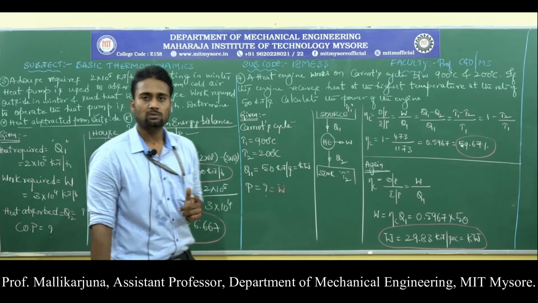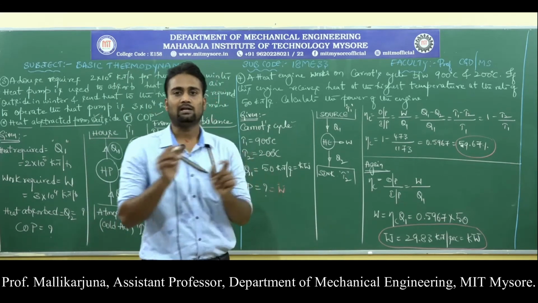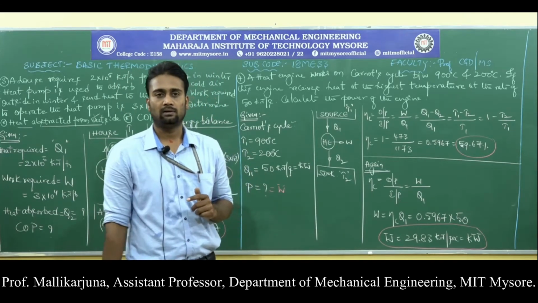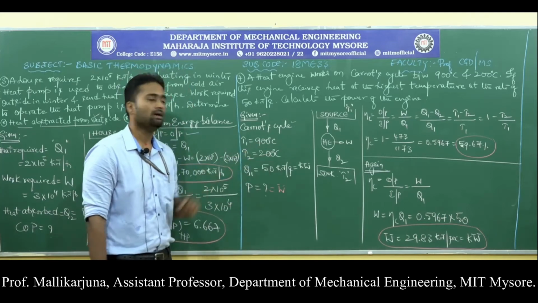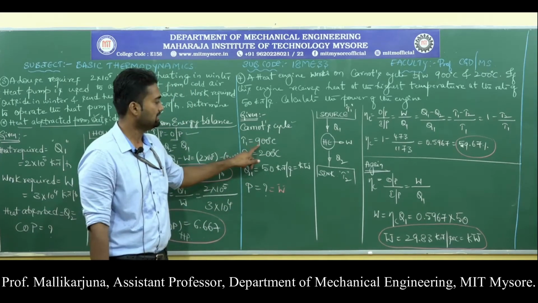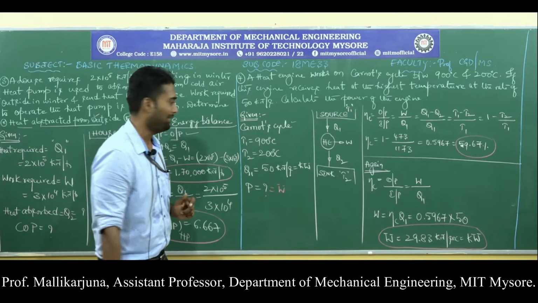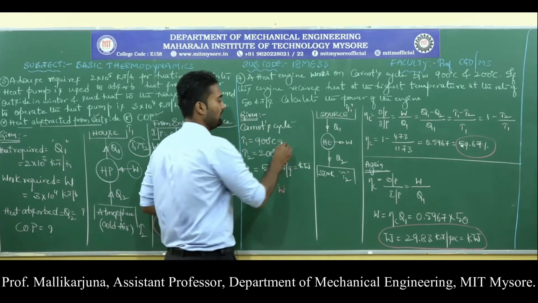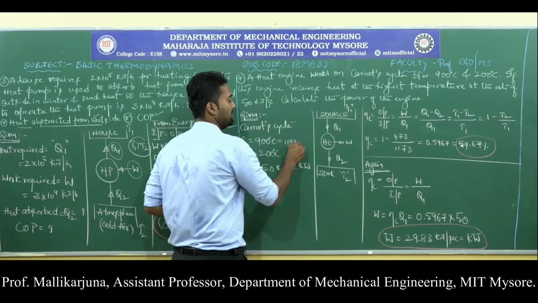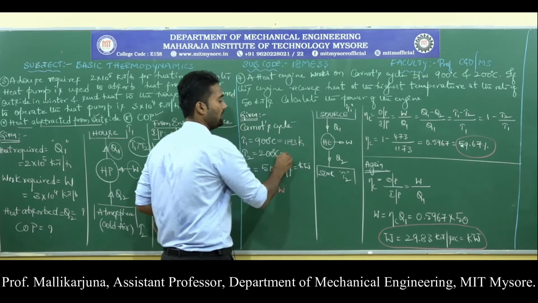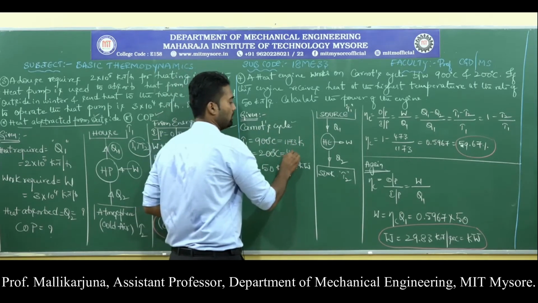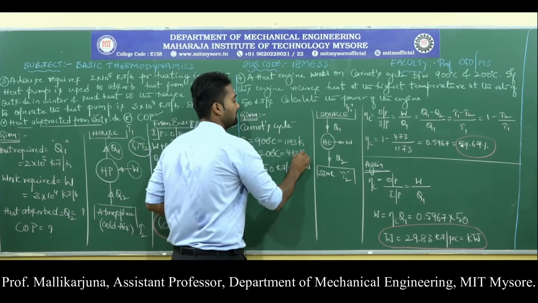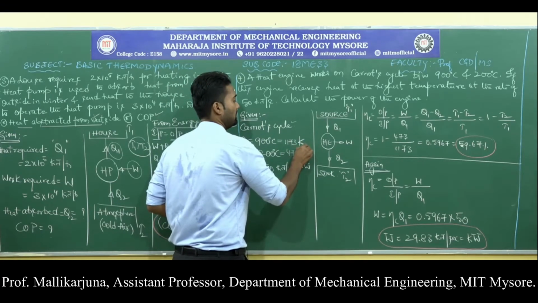Absolute temperatures are Kelvin as well as Rankine. Now they have talked with respect to ordinary temperatures. Please try to convert these two into absolute. 900 plus 273 will turn out to be 1173 Kelvin. 200 plus 273 will turn out to be 473 Kelvin, capital K. These two are capital K.